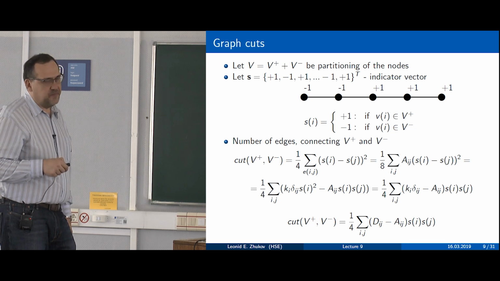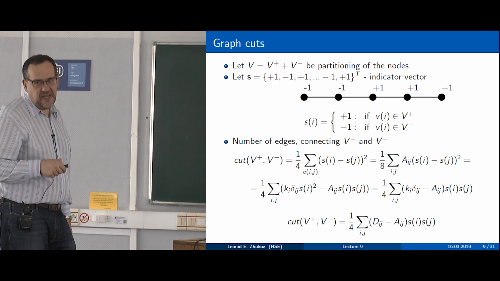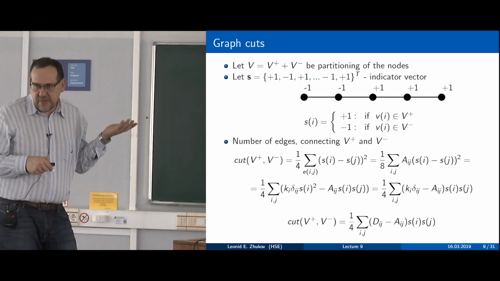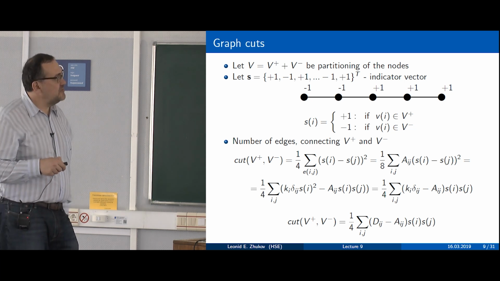Let's think about this. What this says is we go through all the edges, and if we look at both ends of any edge, we take the label on one end of the edge, and we take the label on the other end of the edge, and we just subtract them. These are numbers, right? We can subtract them. So what happens is the following.